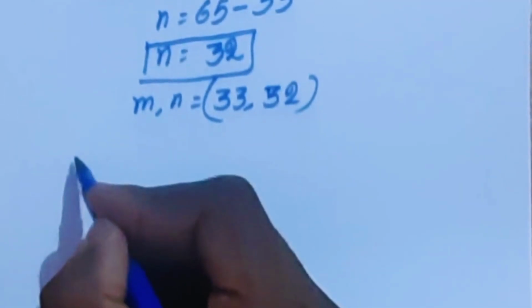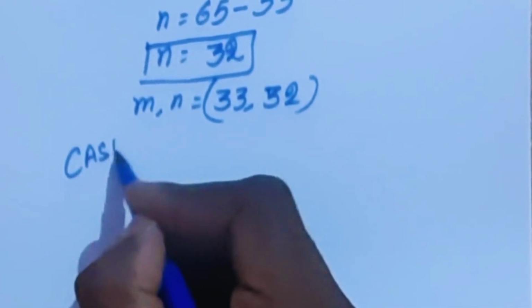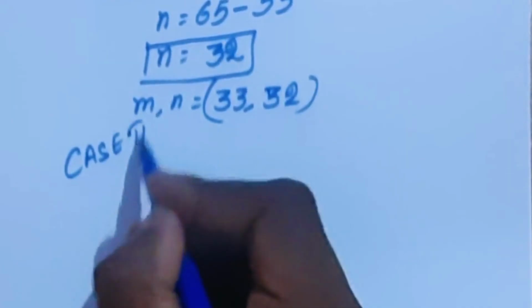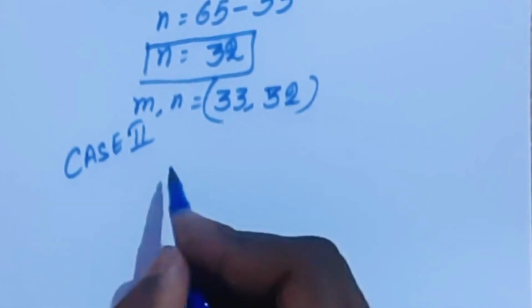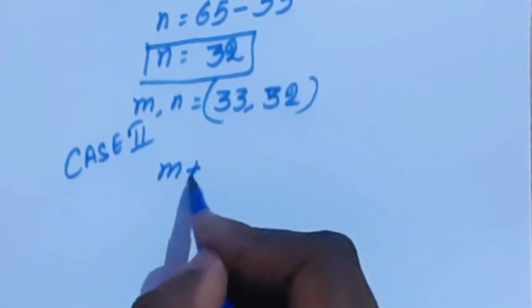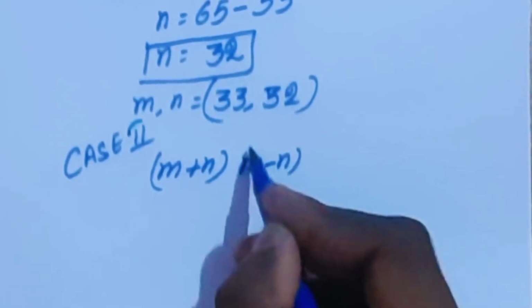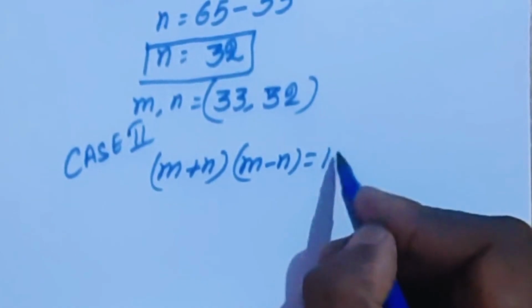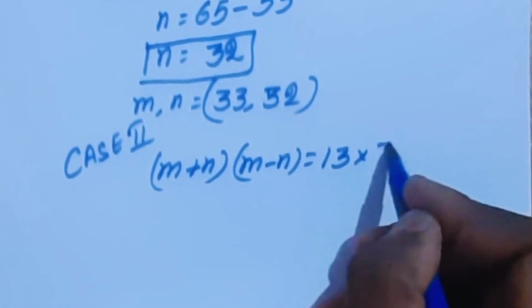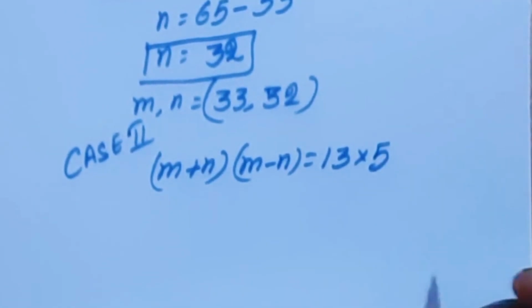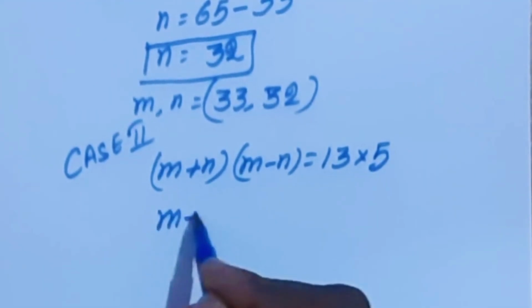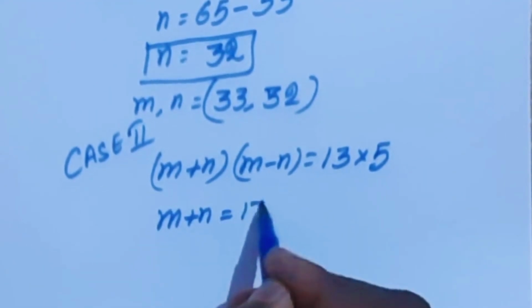Now applying case 2 here, (m plus n) times (m minus n) equal to, here 13 times 5. So m plus n equal to 13.